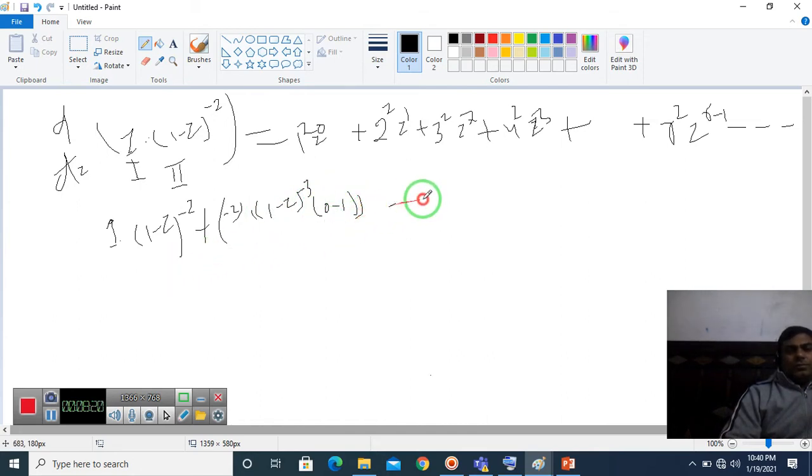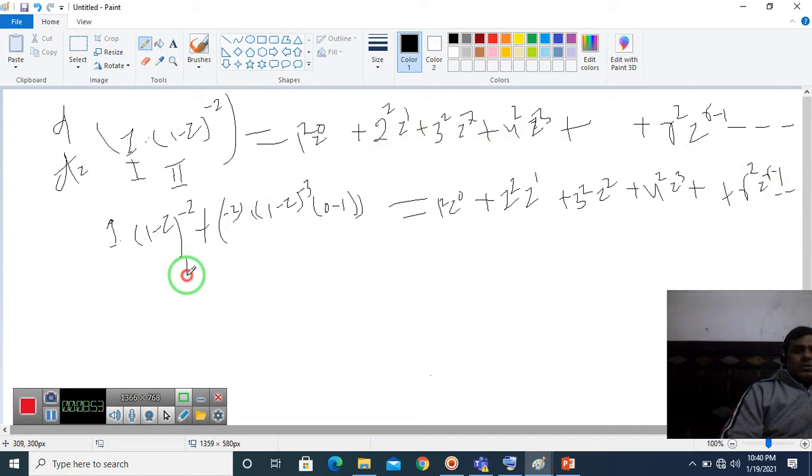Okay, now the similar things: 1 square z0, 2 square z1, 3 square z2, 4 square z cube, and r square z to the power r minus 1.